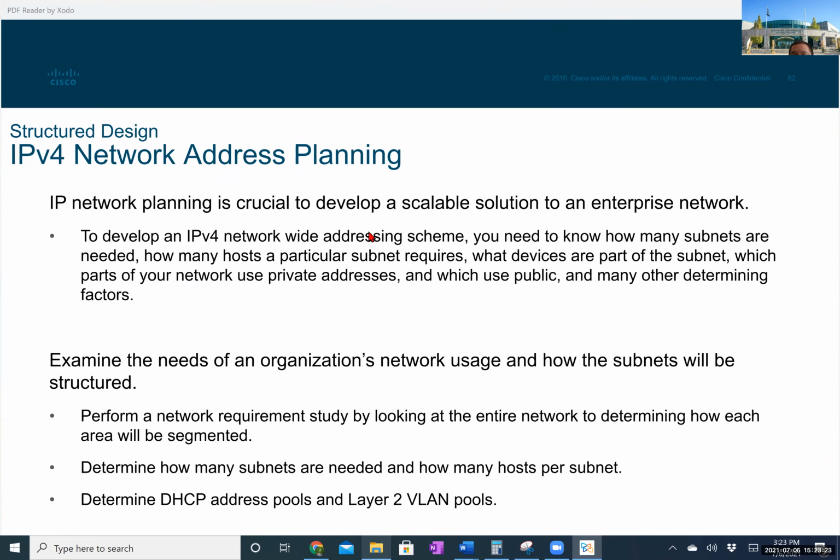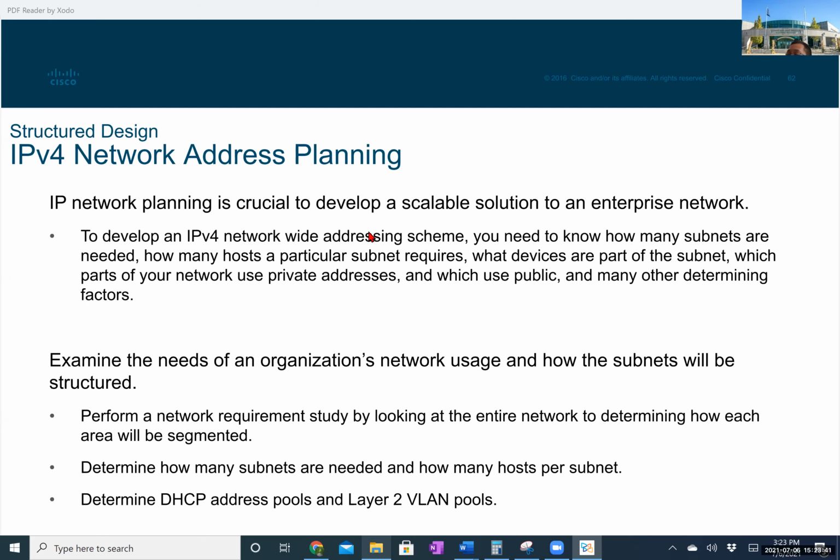So you have IT, you have finance, and you have business, something like that. You have the HR department, and you have to reserve a specific range of IP addresses for each department here. So it is very important when working with network addressing here.